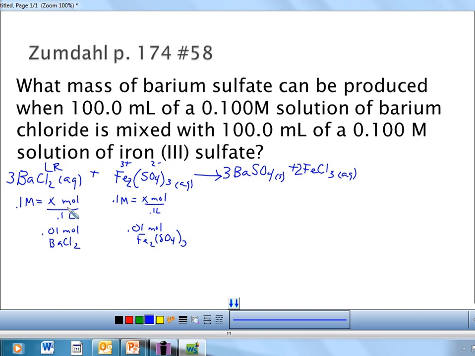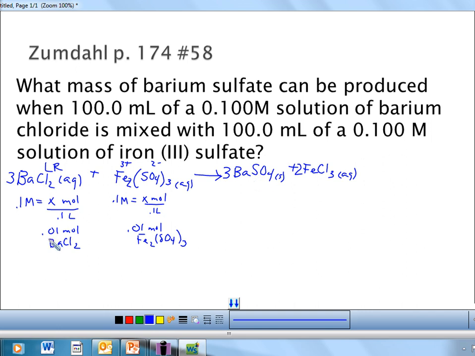If it is not obvious to you, you're going to have to go through the calculations and say, okay, if I have 0.01 moles of barium chloride, how much product will I produce? And repeat that same thing with, if I have 0.01 moles of iron sulfate, how much of the same product will I produce? The reactant that produces the less product is your limiting reactant.